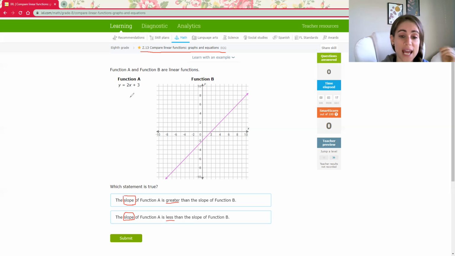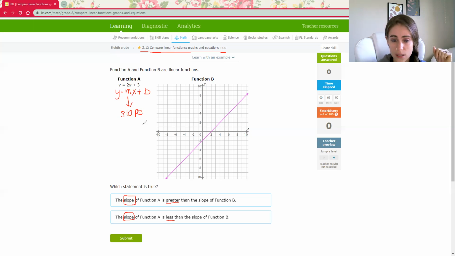With function A, with our equations, it's kind of nice because we don't actually have to do any math. We just need to look at the equation to determine the slope. Remember, when our equations are in slope-intercept form, that means it is y equals mx plus b, where the variable m represents our slope.